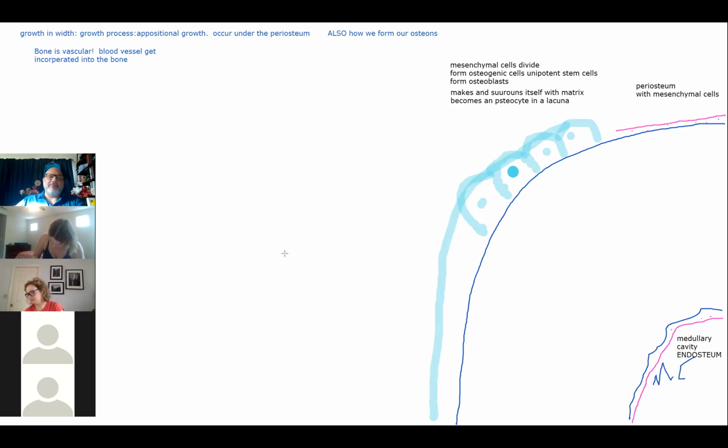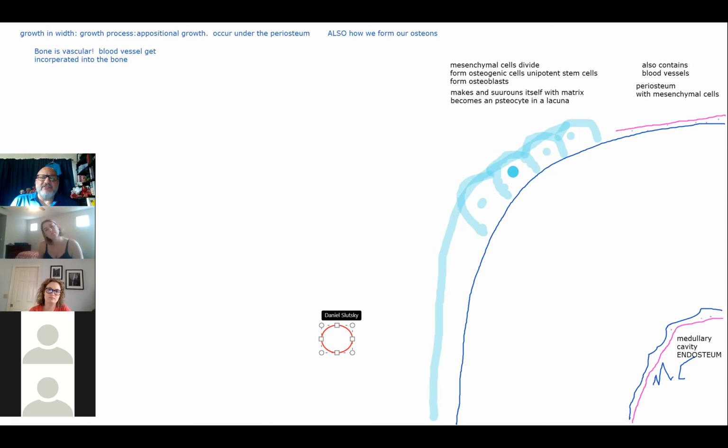Remember, the periosteum is on the outer surface of this, containing those mesenchymal cells. But remember, the periosteum also contains blood vessels. And so out here in our periosteum, and I'm not going to draw the periosteum, but I will draw the blood vessel. Out here is a blood vessel in the periosteum.